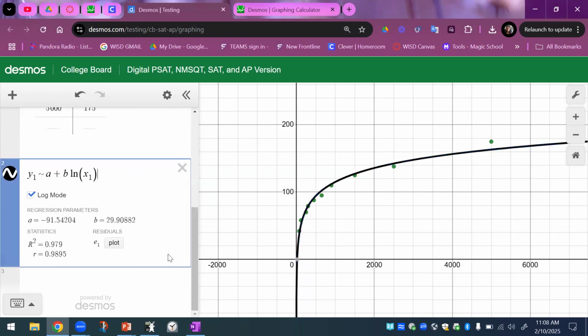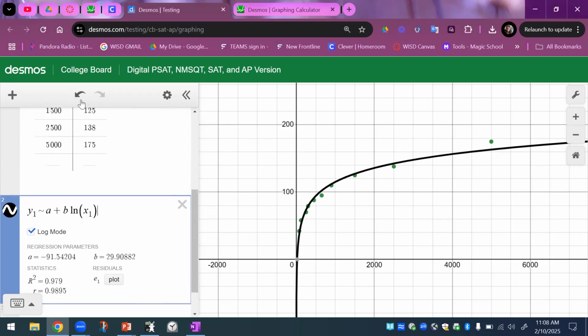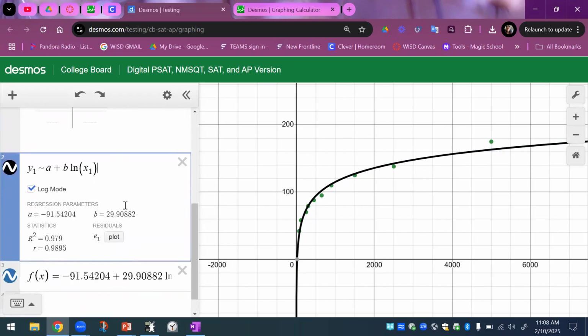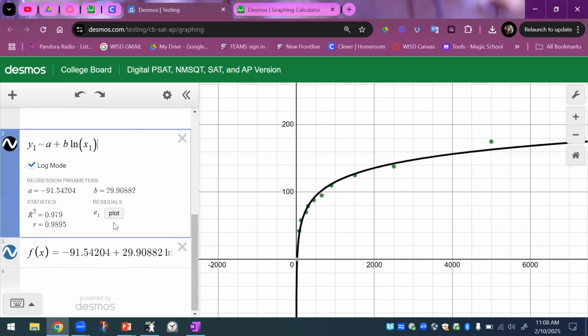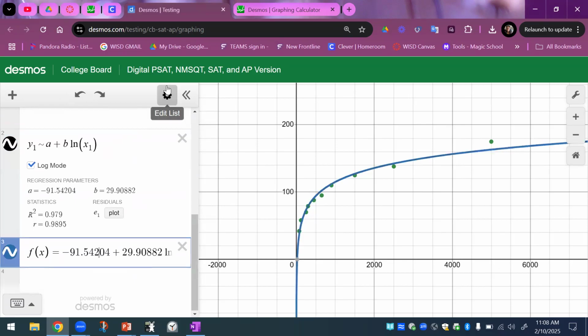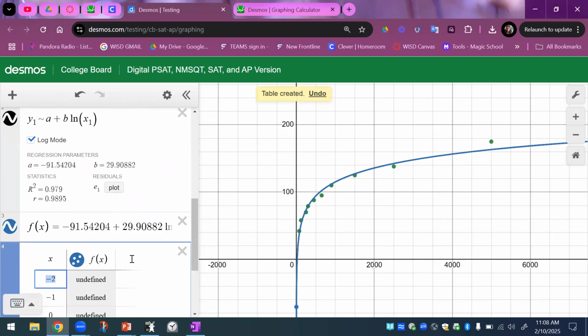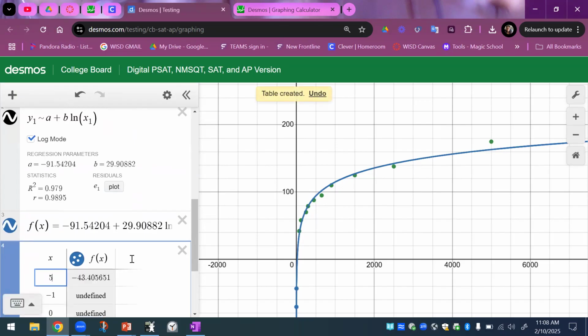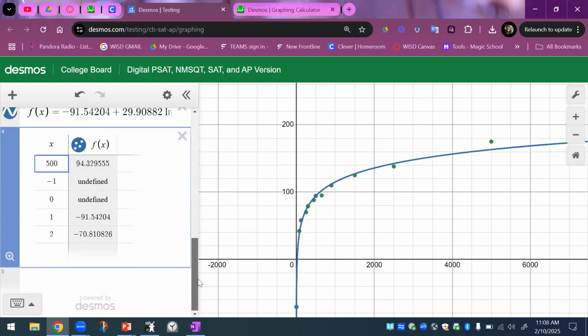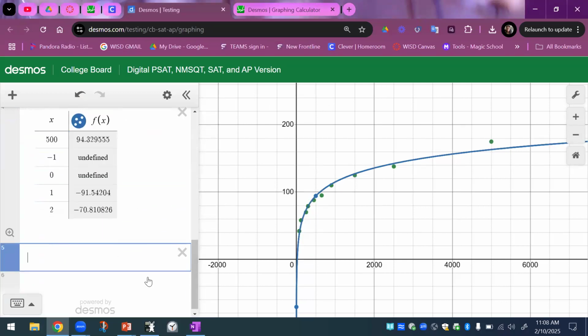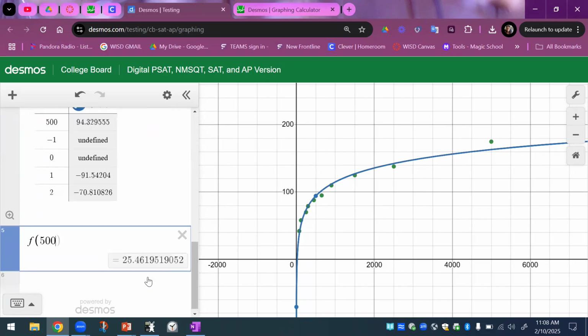I copied and pasted, and now when I click here, I'm going to get the gear option, and it's going to say, do you want your table? And I can click on my table. Okay. And I'm going to type in 500, and it says, here's the value. I also can do it without a table by just typing in F of 500, and it's going to give me that value also.